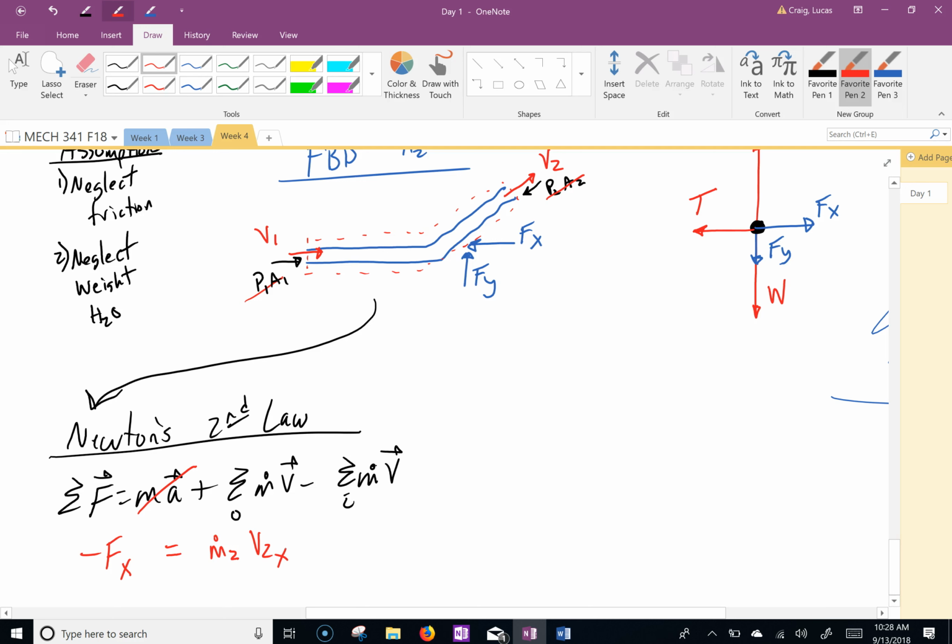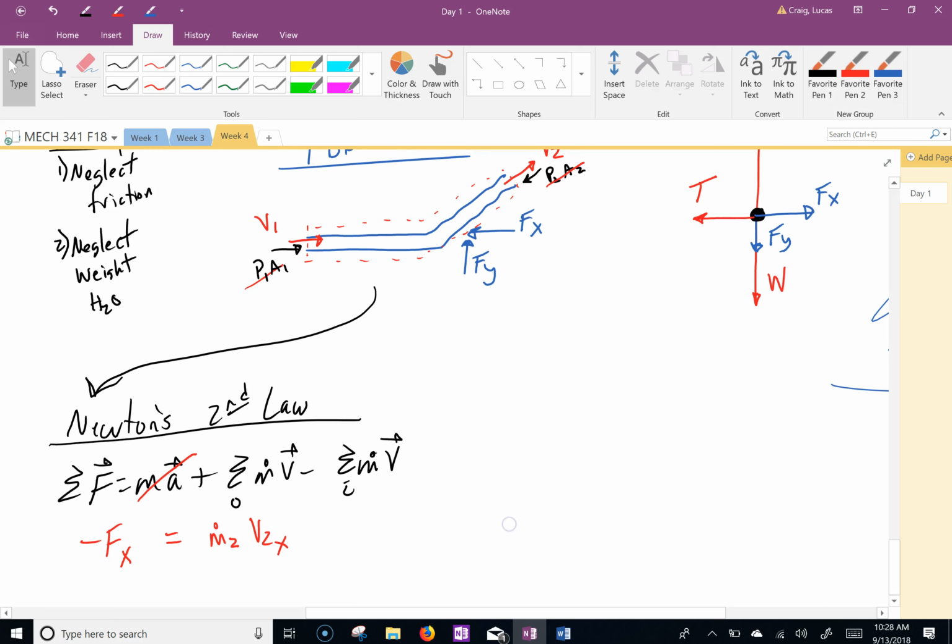All right? Okay, and then we do have stuff coming in, right? M dot 1, V1x. So this one has, see how we keep doing examples and keep having different things in there?